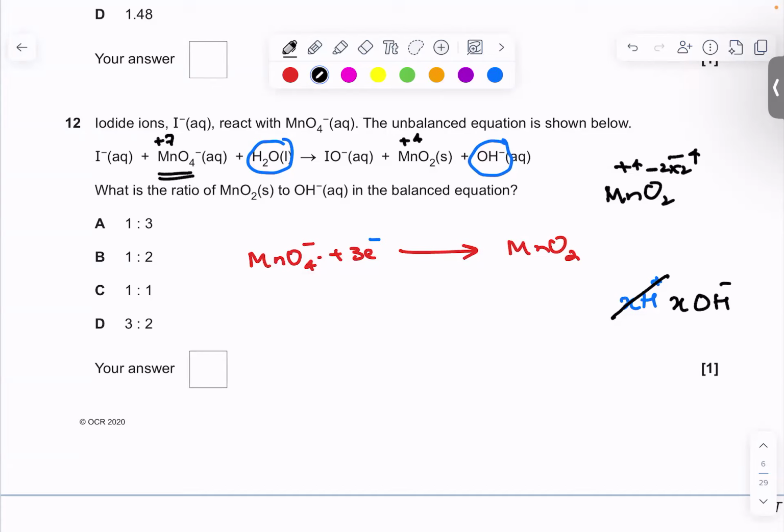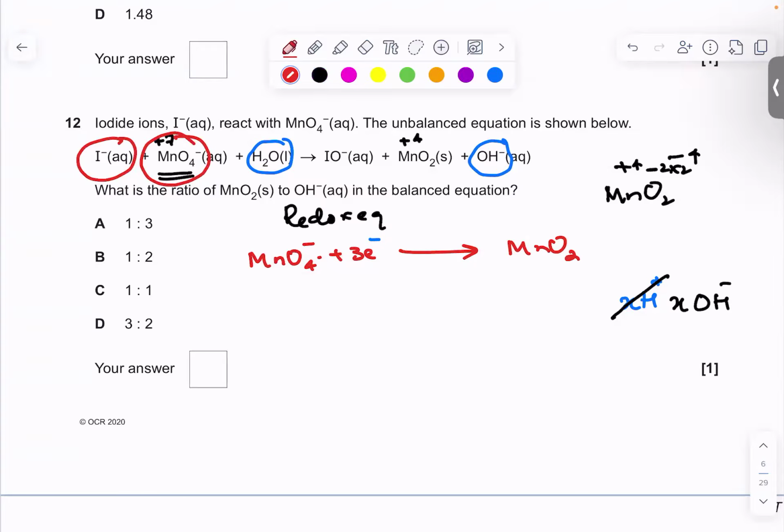And then you need to do it for iodine. Don't forget, hold on, Mahia, let me tell you, this is a redox equation, because it contains an oxidizing agent and a reducing agent.